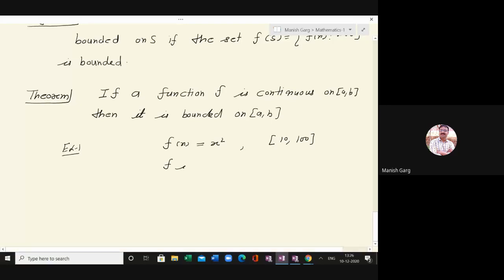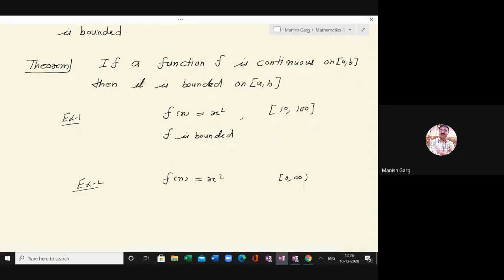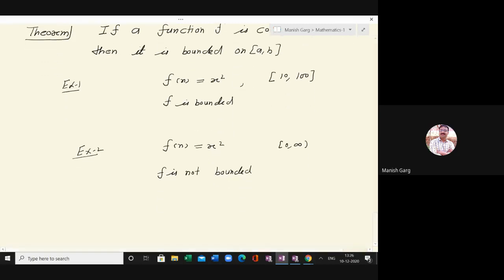So f(x) is continuous on a closed interval, and this is bounded. So f is bounded. But it is not true if the interval is open. For example, if you take the interval 0 to infinity, here f is not bounded. I can give you one more example.